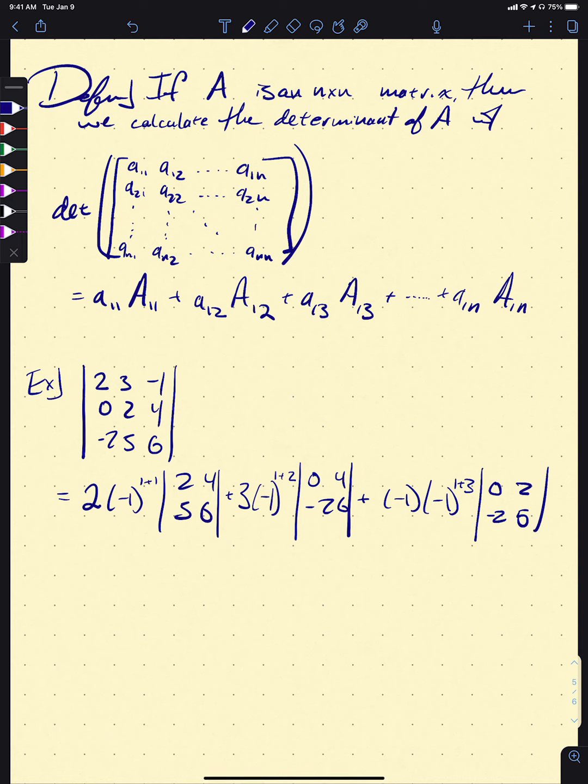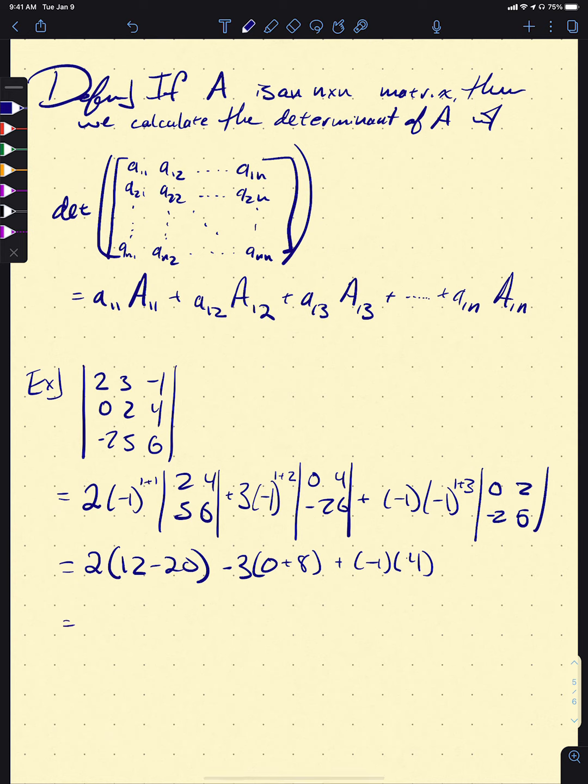Okay. So now as we simplify this, we get 2 times 12 minus 20, minus 3 times 0 plus 8, plus negative 1 times 4.